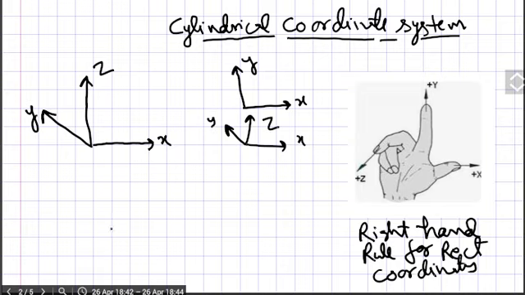And the same thing you can do if you invert this direction. Make x here, don't make y in this direction, but make y in this direction. Then you will show z in this direction.